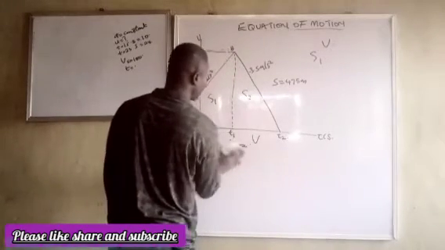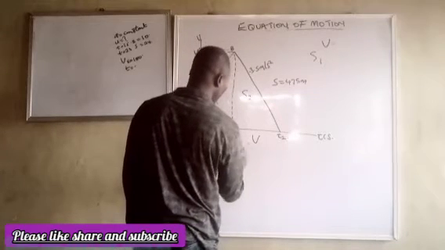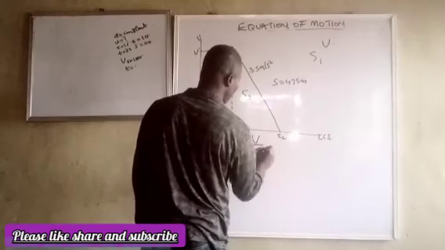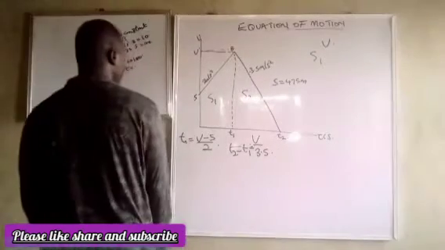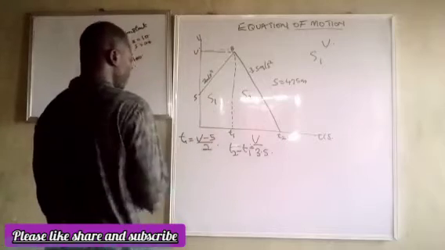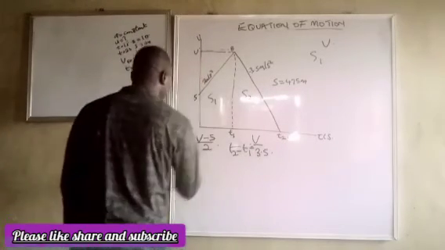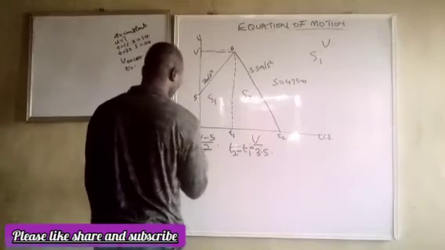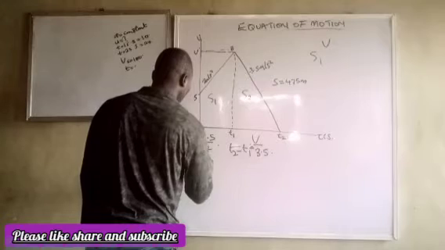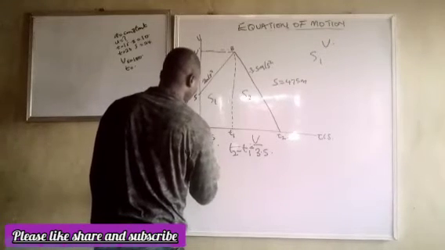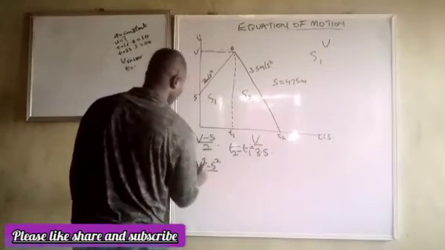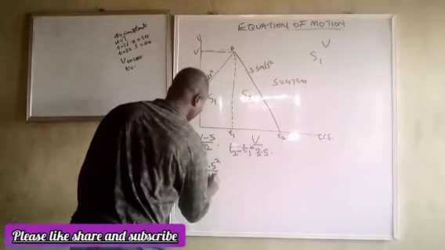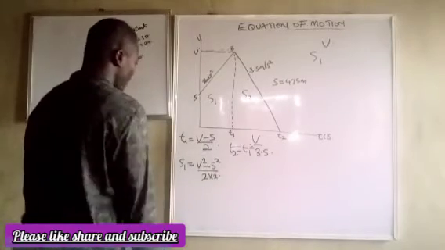will be equal to V. Okay, let me make it like this. T2 minus T1 will be equal to V over 3.5. And we know that, let's say S1 will be equal to V squared minus 5 squared over 2 times 2, that is 2a.